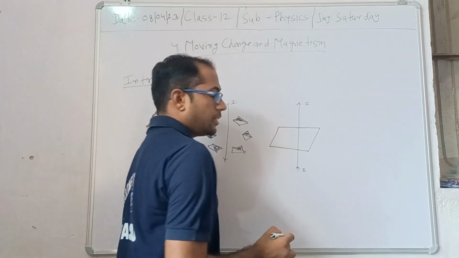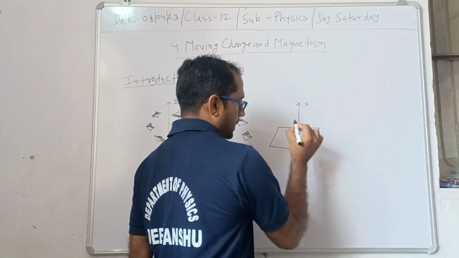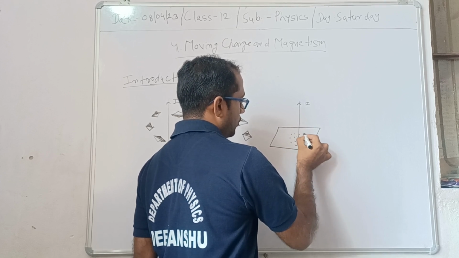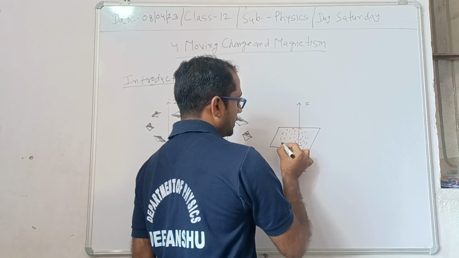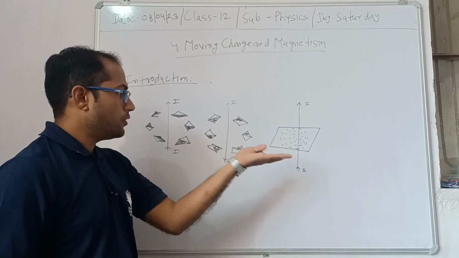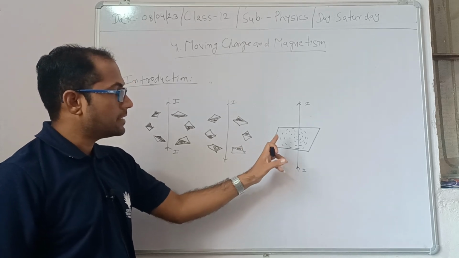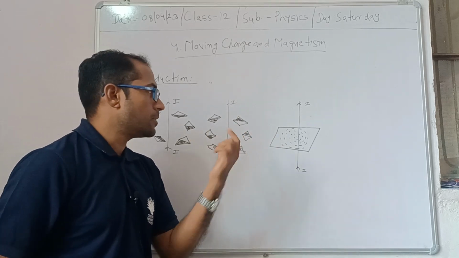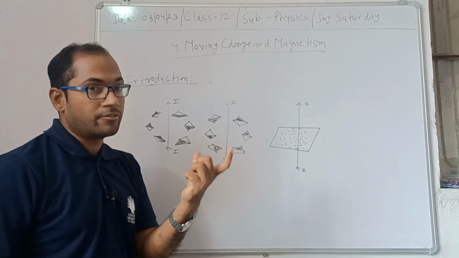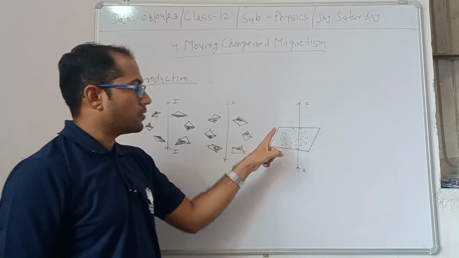If we put some iron powder on the sheet and then flow the current in this wire, you see that the iron powder forms a circular path, because this current carrying wire generates a magnetic field, and this magnetic field arranges the iron powder in a circular path.